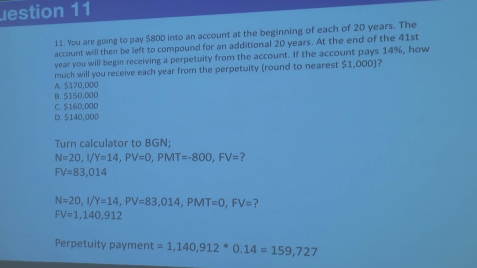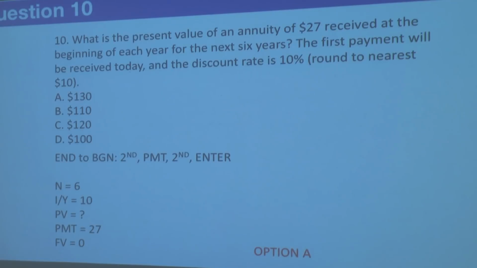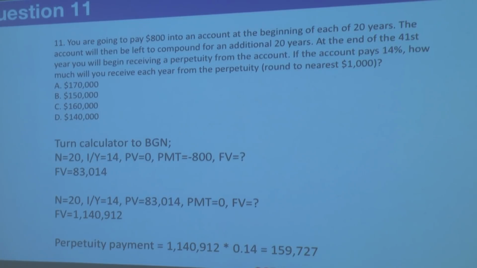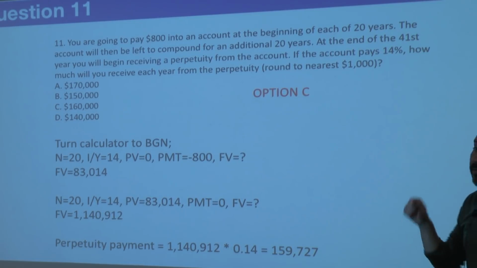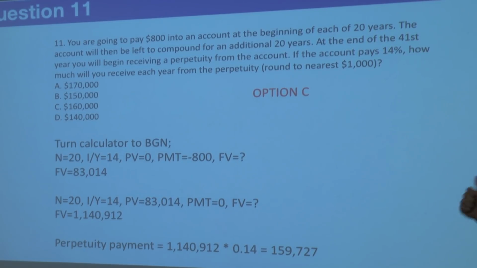Let me try to explain it again. When you draw the timeline for any perpetuity, the first payment happens at time 1. That's the end of the first year. Now add 40 years to this.